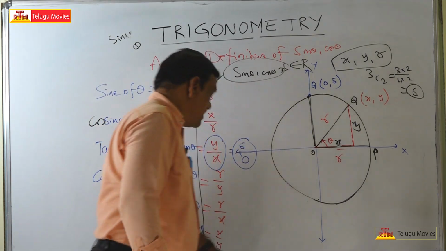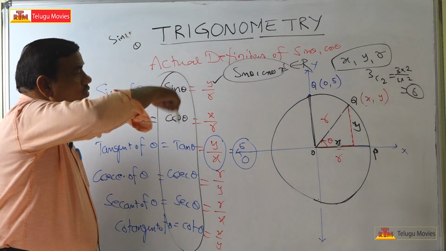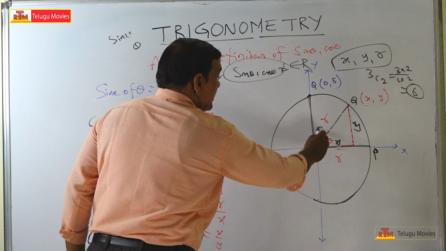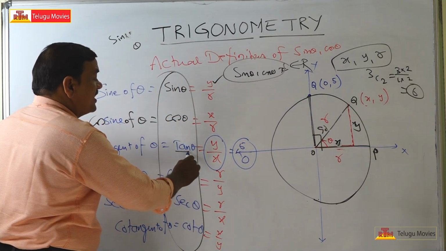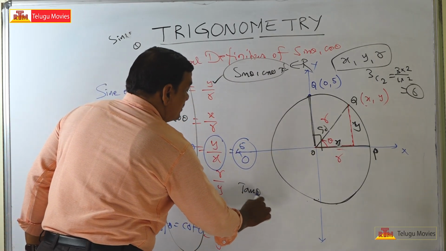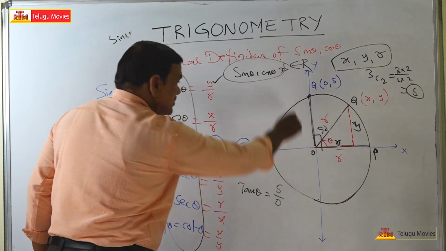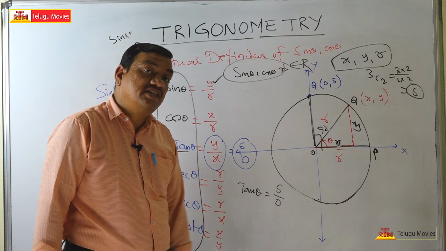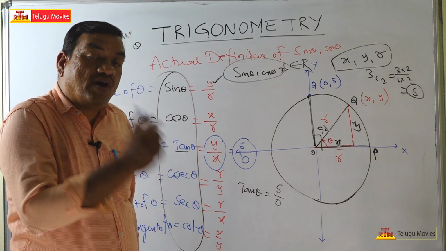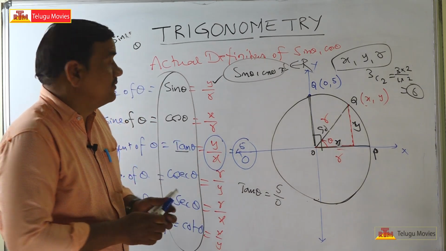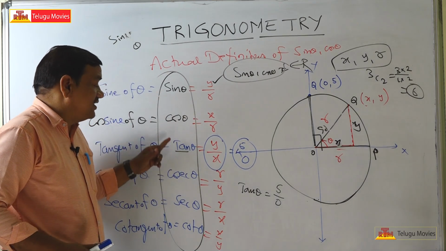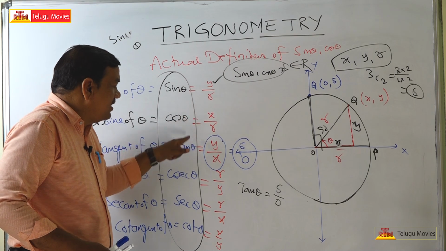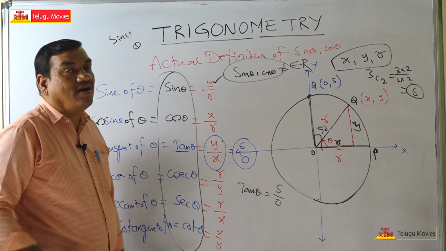OQ is a terminal side. If the angle is 90 degrees, then tan theta is equal to 5 by 0, or 6 by 0, 7 by 0. Is tan theta then a real number? No. So to define sin theta, cos theta, tan theta, cosecant theta, secant theta, cot theta, we have limitations on this theta.